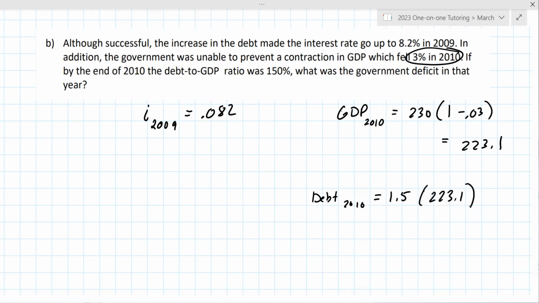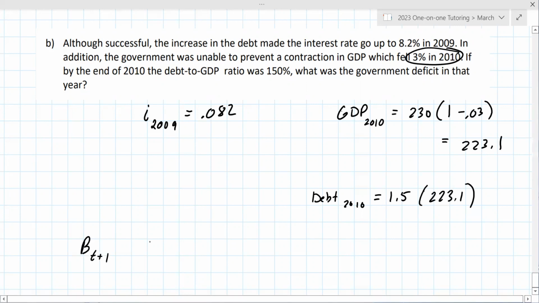And that's your B of T plus 1, which maybe isn't very clear. Okay, so B of T plus 1 equals G of T minus T of T plus 1 plus I of T and then B of T. So here's where these numbers start getting used up.